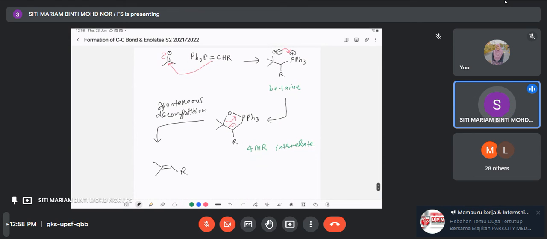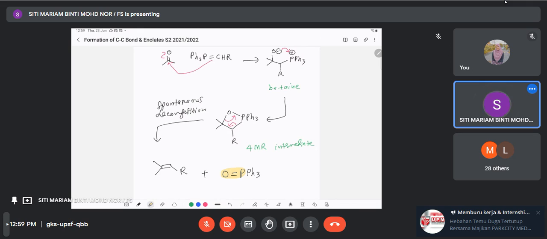Plus, as I said, you have that one, O double bond P, PH3. It's driven by this spontaneous decomposition, because this P double bond O is very, very stable. So your product here is alkene.